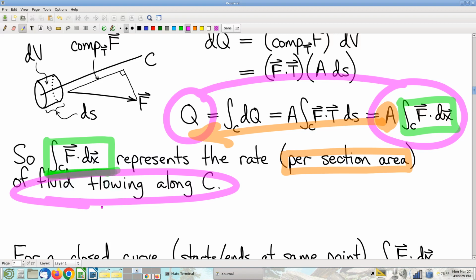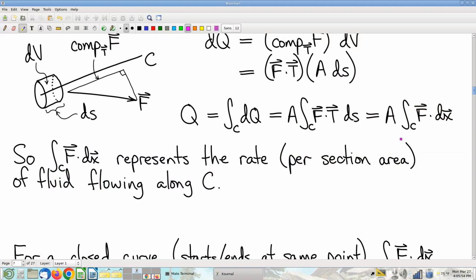Is that satisfying at all, I hope? It's a weird circumstance, but very often when you write down mathematical expressions and you need to find what this thing means physically, sometimes it's a new physics concept that you just have to kind of get used to. So here we are. All right.